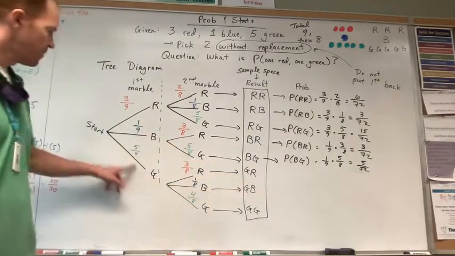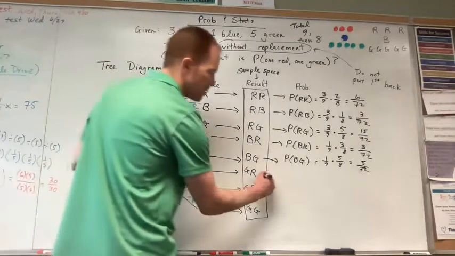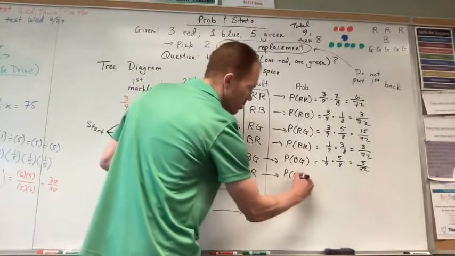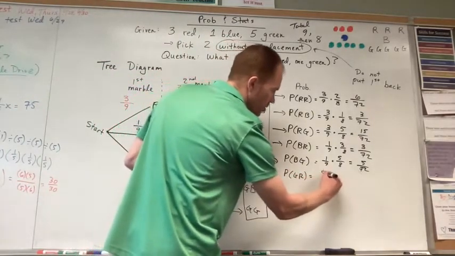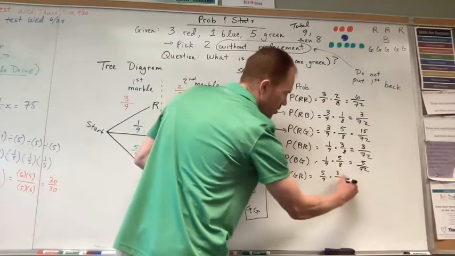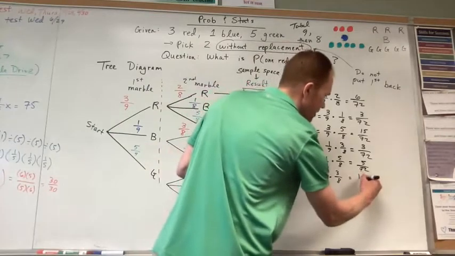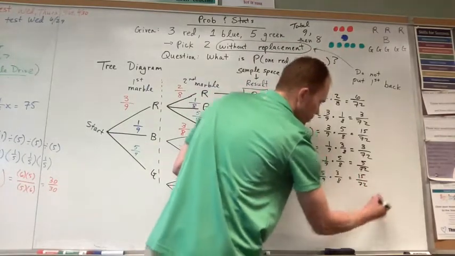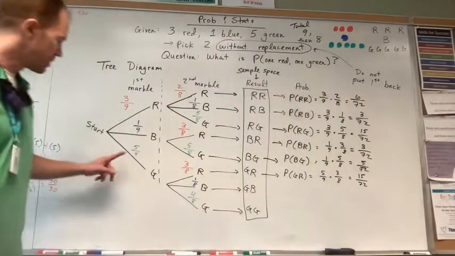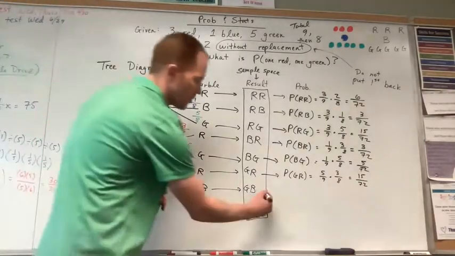Green-red, 5/9 times 3/8. Right, get those numbers correct, 5/9 and 3/8, so that's 15 out of 72. Green-blue is going to be 5/9 times 1/8.